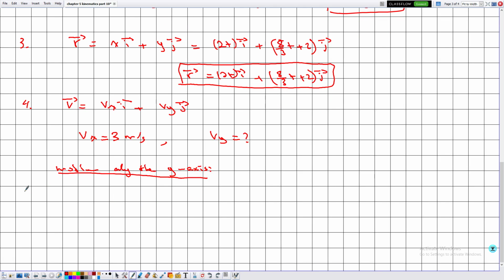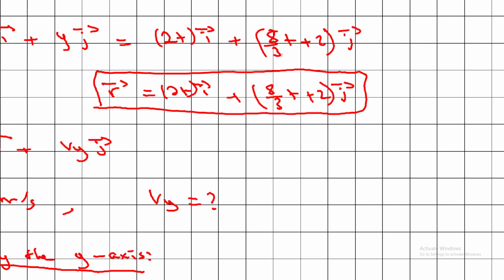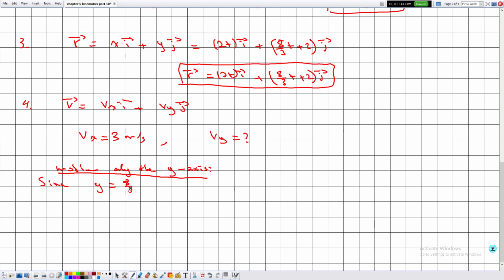So let's say since y that we have determined, given by (8/3)t plus 2, verifies the general form, which is given by y is equal to vy t plus y0, then the type of motion is URM along the y-axis because it's linear in time.